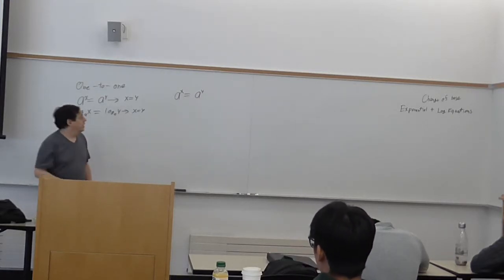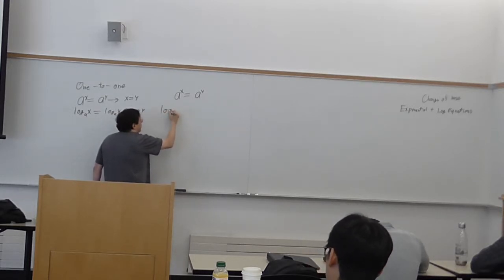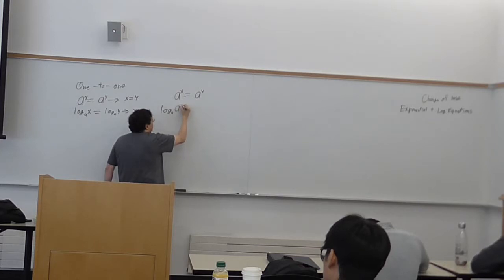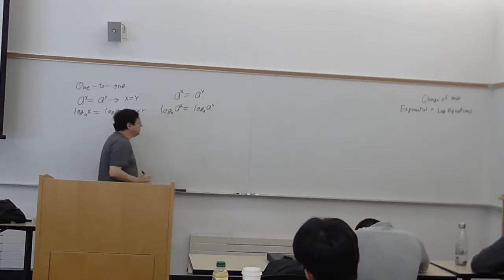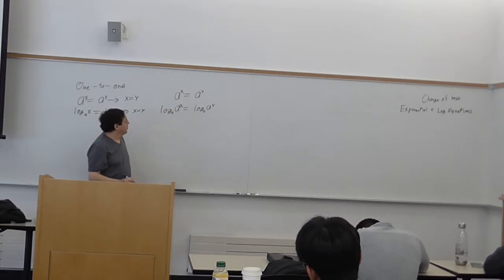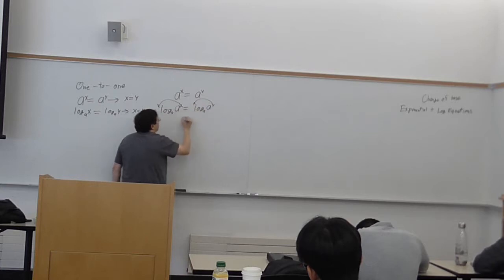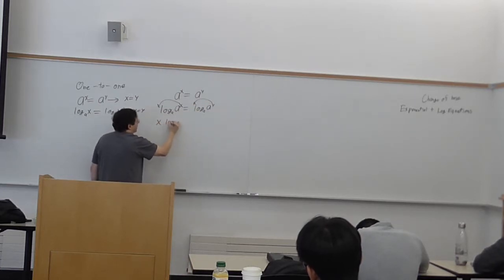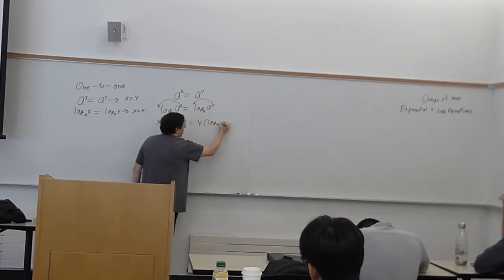I can apply log to the base a to both sides. That's going to be equal to log to the base a of a to the y. Judiciously chosen base here, you'll see. And my exponents now can come out in front. So I have x times log to the base a of a equals y times log to the base a of a.